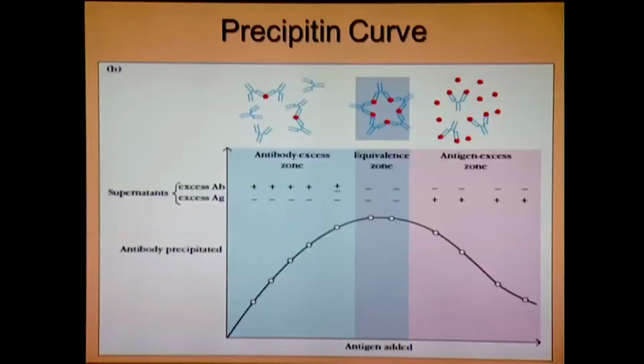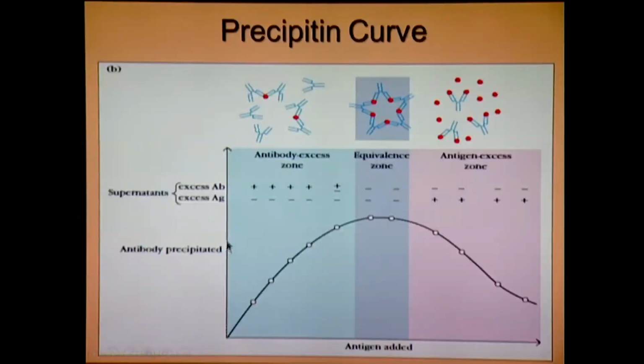Now, if we want to draw a precipitin curve, then we have to take a fixed amount of antibody and increase the concentration of antigen very slowly. At the equivalence point, there will be precipitation. If we plot the amount of antibody precipitated on the y-axis and the amount of antigen added on the x-axis, then we will see three zones.